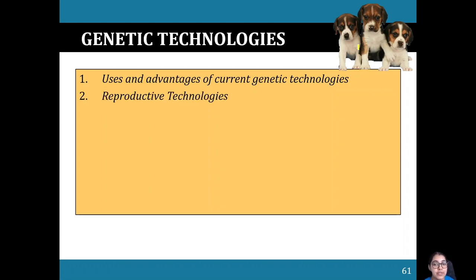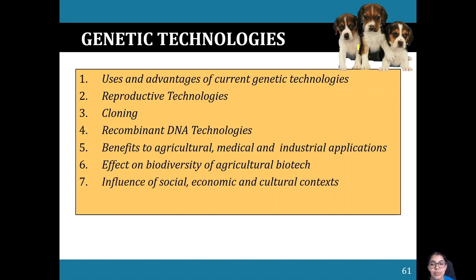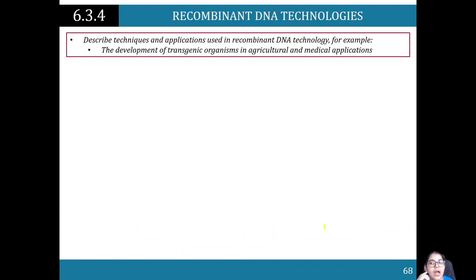We're going to talk about reproductive technologies, cloning, recombinant DNA technologies, benefits to agricultural, medical and industrial applications, effect on biodiversity of agricultural biotech, and the influence of social, economic, and cultural contexts. Our inquiry question is, does artificial manipulation of DNA have the potential to change populations forever?